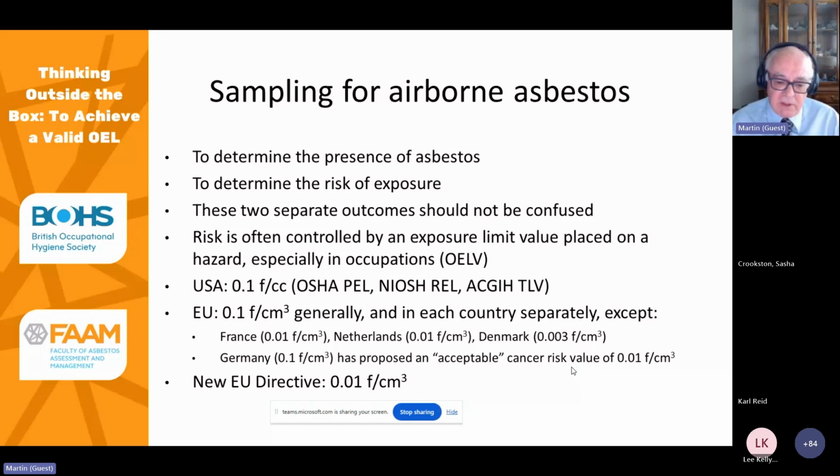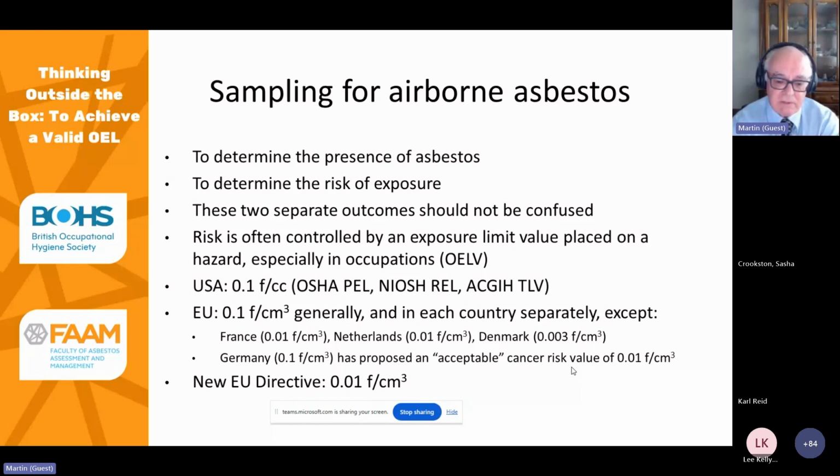Now, of course, that's in the EU. You might wonder why anybody in the USA would be interested in that. It turns out that under the Toxic Substances Control Act, otherwise known as Superfund legislation in the US, the EPA is setting new environmental exposure limits called ECELs.